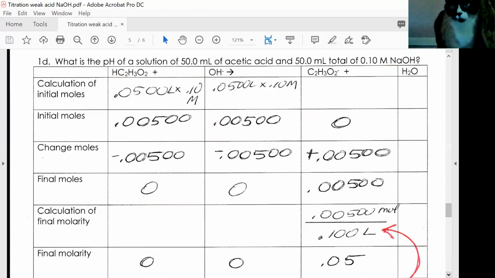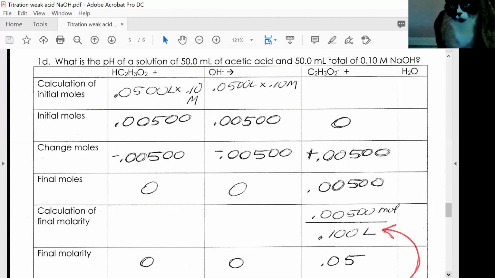So you're going to do your calculation of initial moles. 0.0500 liters times 0.1 molar acetic acid. 0.0500 liters times 0.1 molar sodium hydroxide. So initially we have 0.00500 moles of acetic acid, 0.00500 moles of hydroxide, and we have 0 acetate initially.